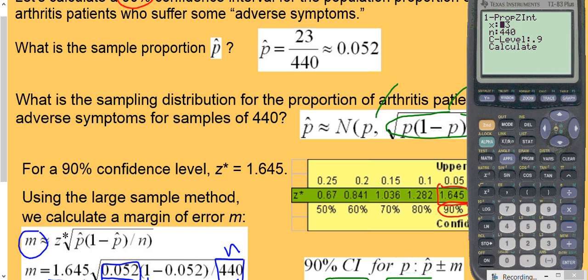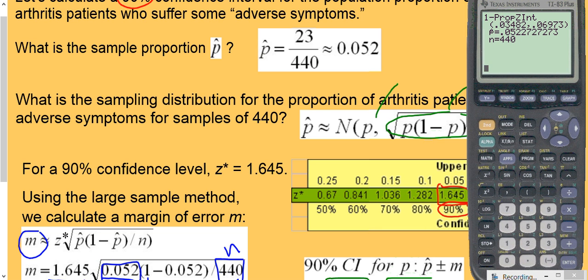I enter it. It gives me an x value, which is the numerator of our P hat, and 440, which is our sample size. I arrow down. These are numbers I put in for you already. I put in 0.9 because that's the confidence level, and I calculate.